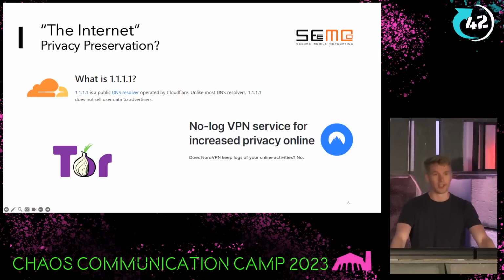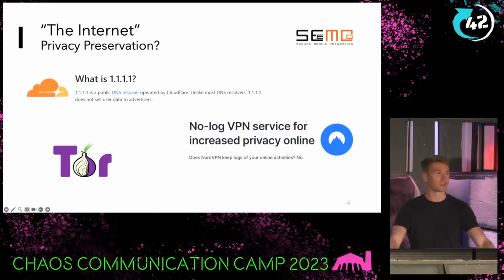And also, we have VPN services, for example the very famous NordVPN, which you all know from several advertisements on, for example, YouTube. They claim that they are a so-called no-log VPN, so that they don't collect your traffic either. The way-to-go tool for privacy is Tor when browsing the internet. However, it is not really used by normal people on a daily basis, mainly due to its bad speed.